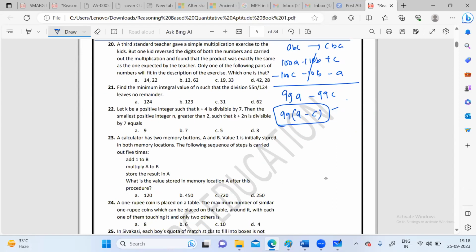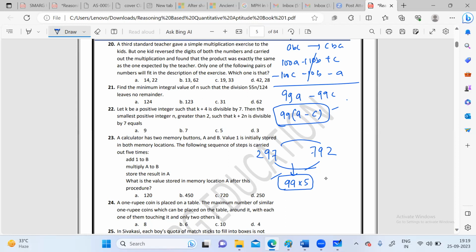For any number, I'll take another example here. Let's say this is a three-digit number, 297. If we reverse it, it is 792. The difference of these numbers will be 99 into 5 only. What I'm telling you is they will not ask you to find the difference. Of course, you can find the difference by just subtracting, but the question will be based on these concepts.